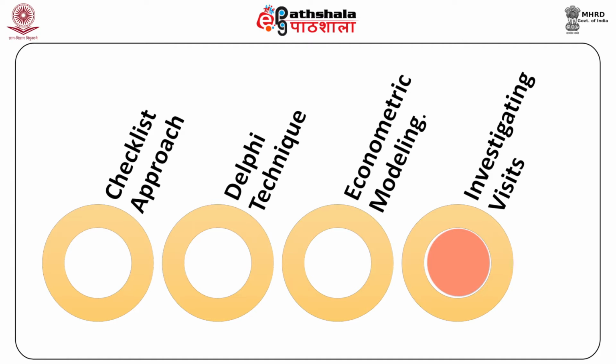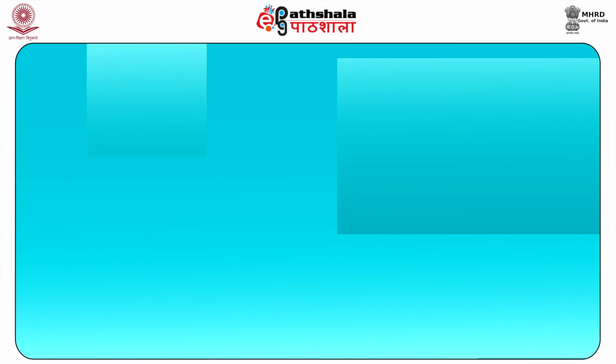Investigating visits. The purpose of such visits is to assess the degree of overall risk that prevails in the country. It is done by traveling to a country and meeting with government officials, business executives, etc. Such meetings can help to clarify the amount of uncertainty that exists for a country.